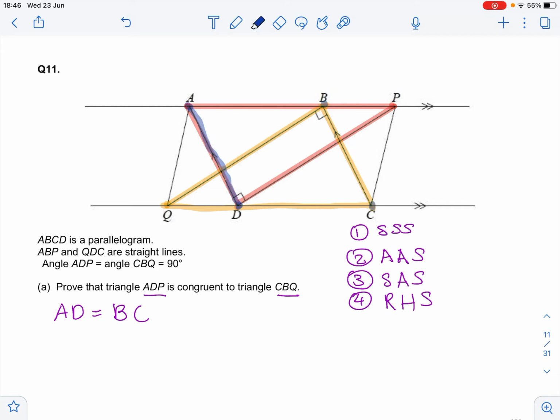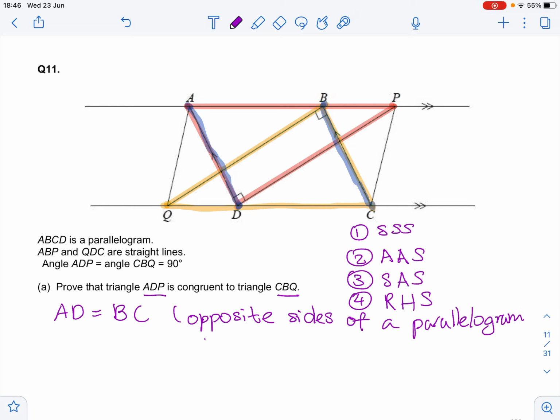So those are two sides of the parallelogram. So opposite sides of a parallelogram are equal.